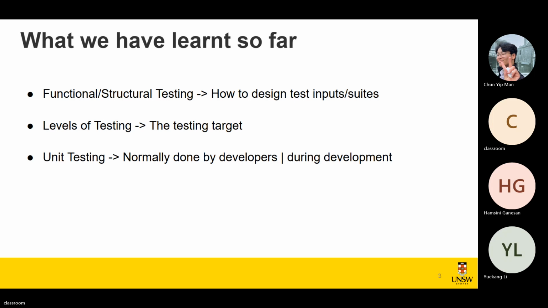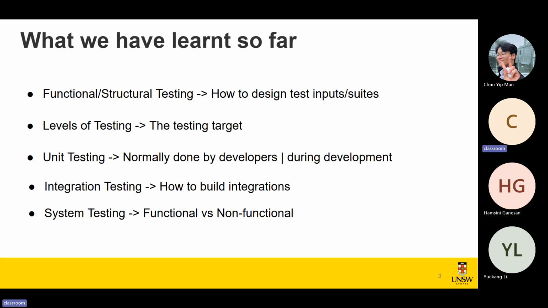In our last lecture, we learned unit testing, which is normally done by the developers and during development. And we also learned integration testing, which is about how to build different integrations or different subsystems. And now we are going to learn system testing.